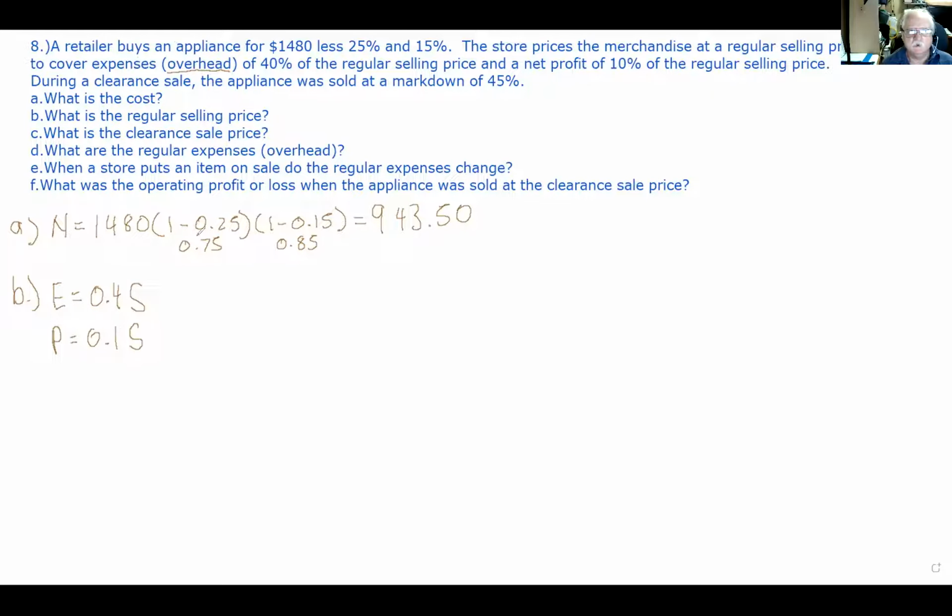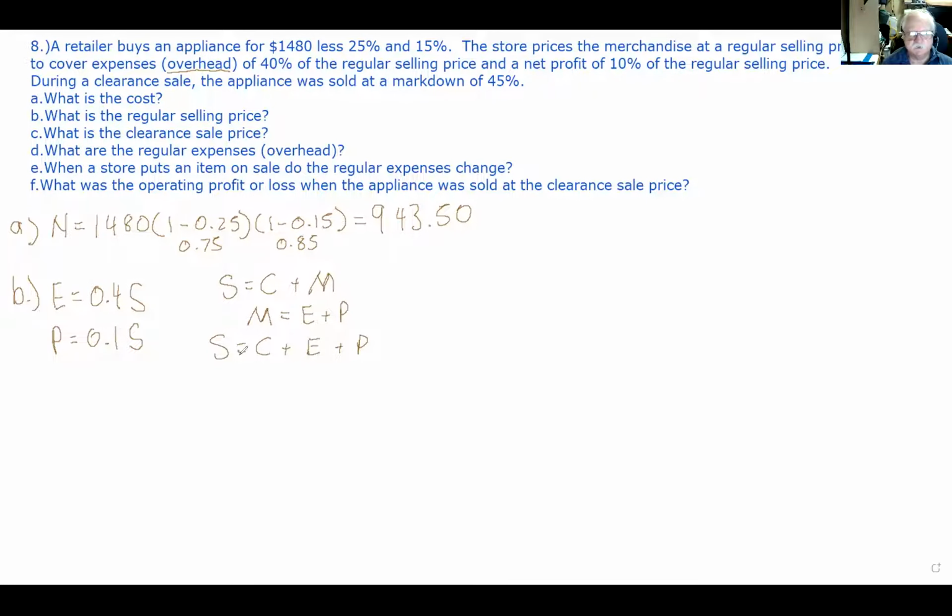So what they want us to do is figure out the regular selling price. So we're going to go back to this equation, S equals C plus M. But now we have to use the fact that markup is equal to expenses plus profit. So we have to roll this back into this equation, S equals C plus E plus P. And now we can solve it because we know the cost.